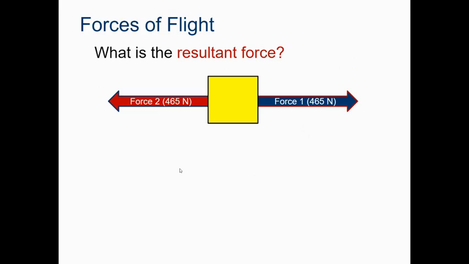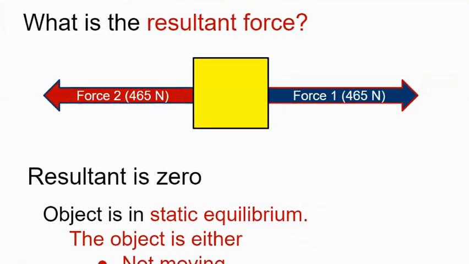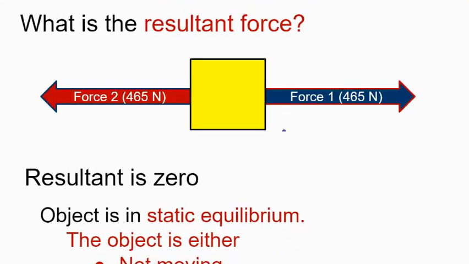Before we get into the aircraft portion of it, what happens if both forces are equal? If we had a tug of war and both of these forces pulling on the object, which is a rope, or any object really, are equal, we would have 465 to the right, 465 to the left, and we end up with a 0 overall force.